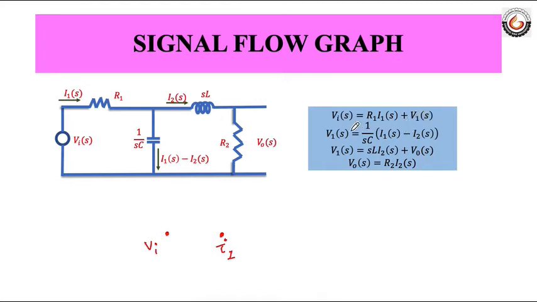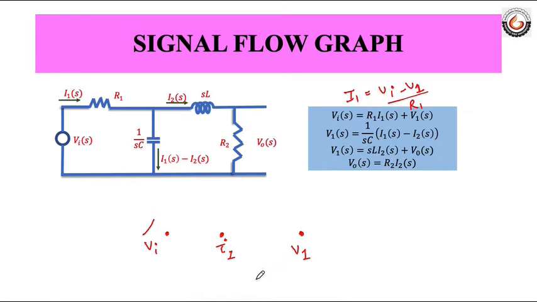So I will write I1 in terms of V1. So I1 is Vi minus V1 by R1. Okay, so my I1 is depending on Vi and V1.